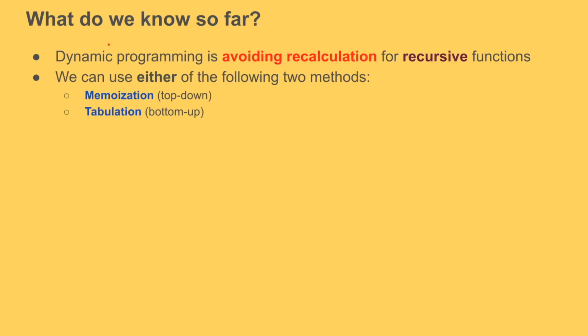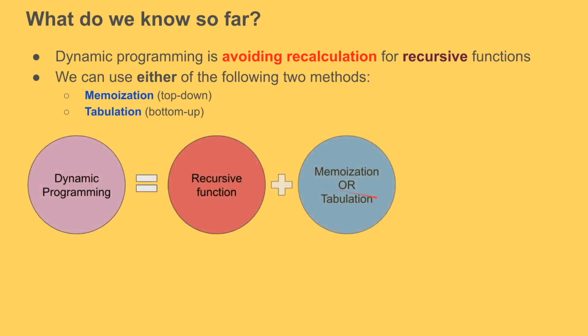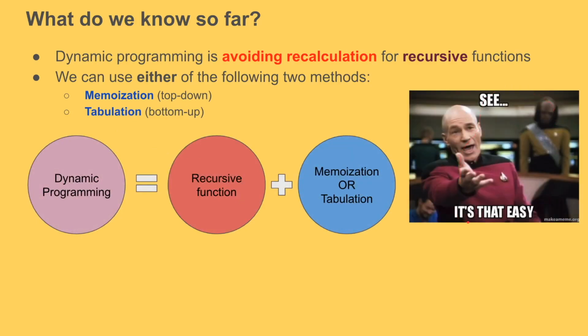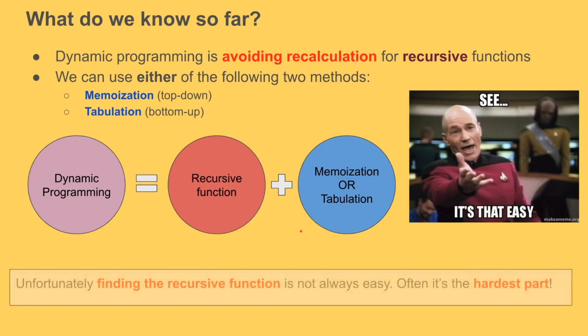What do we know so far? Dynamic programming is avoiding recalculations for recursive functions. We can use either memoization or tabulation. And that's all it is. That's basically all you need to know about dynamic programming, except that finding this recursive function is not usually easy.